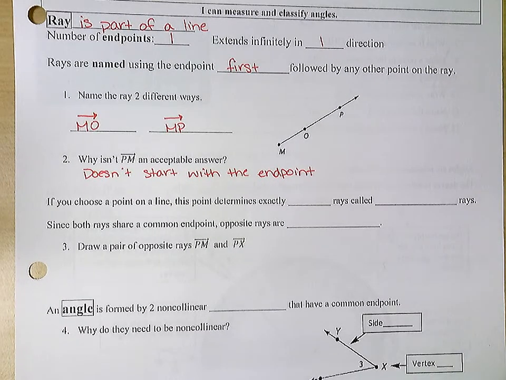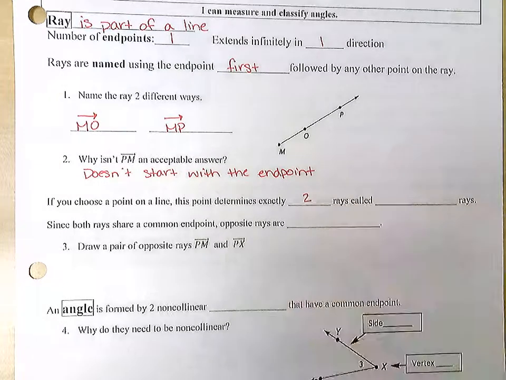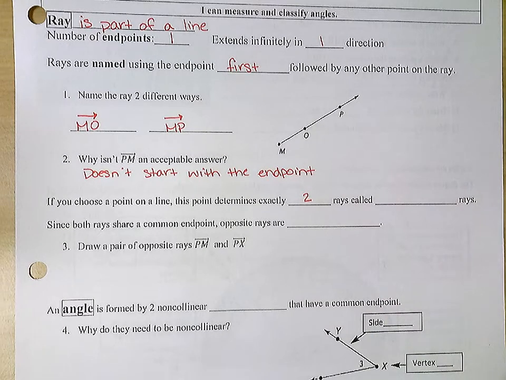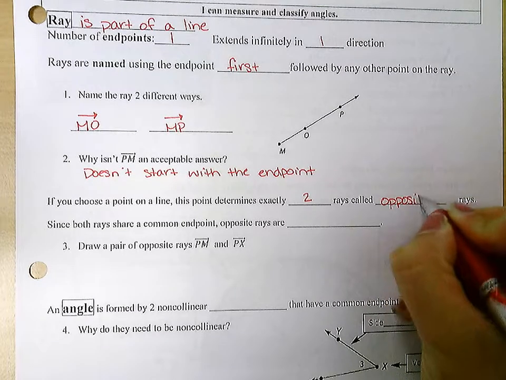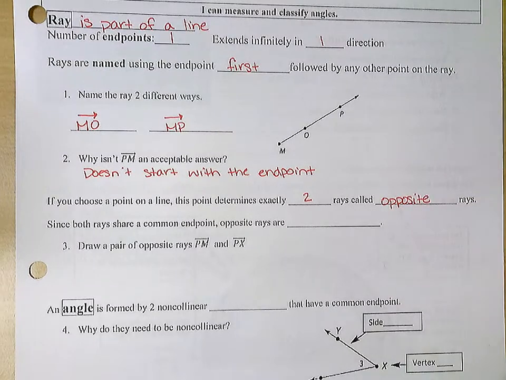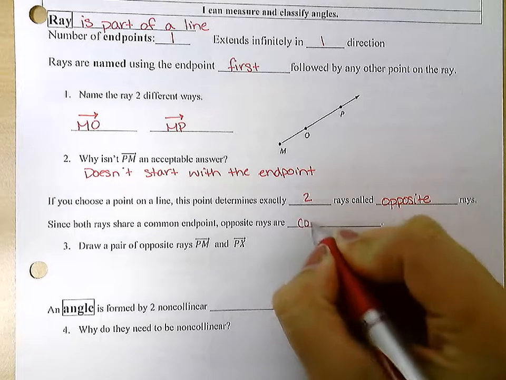If you choose a point on a line, this point determines exactly two rays. Those are called opposite rays. Since both rays share a common endpoint, opposite rays are congruent.